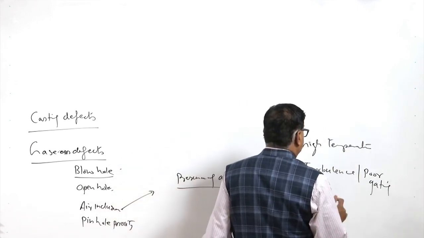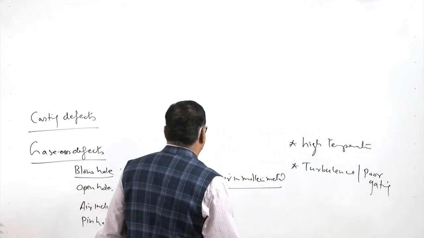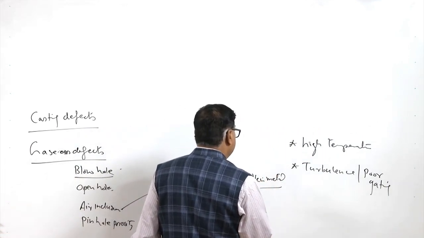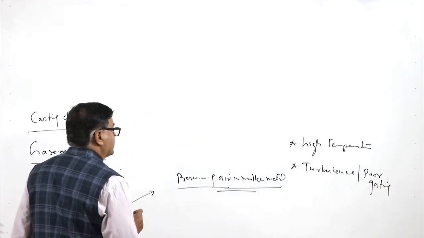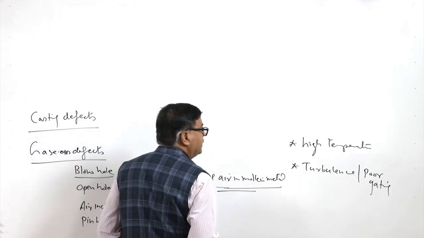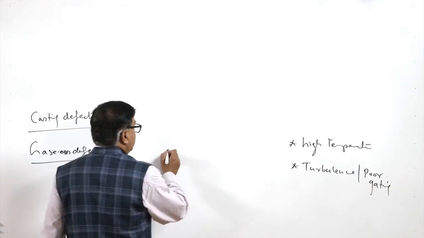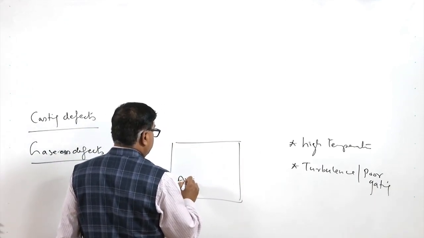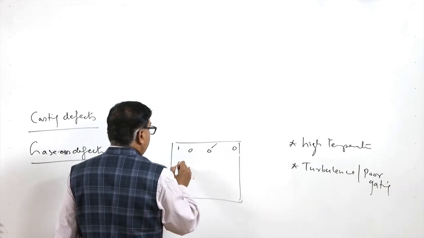So, high temperature and high turbulence lead to the presence of a lot of atmospheric air with the molten metal, and if this air remains with the molten metal after reaching the mold cavity and does not get time to come out, it leads to the presence of inclusions.